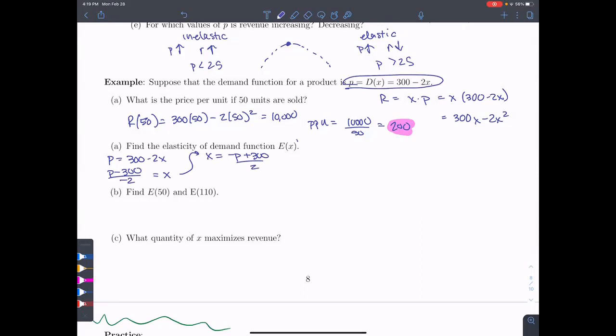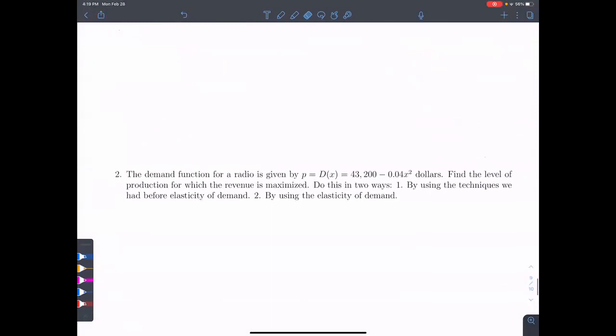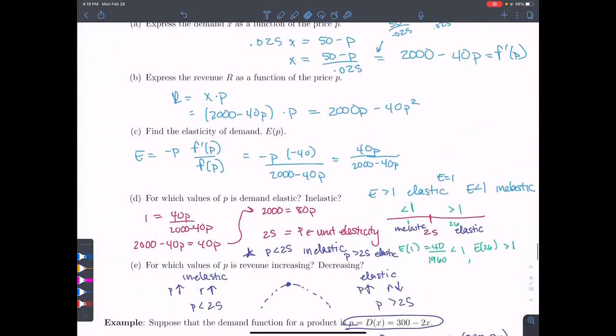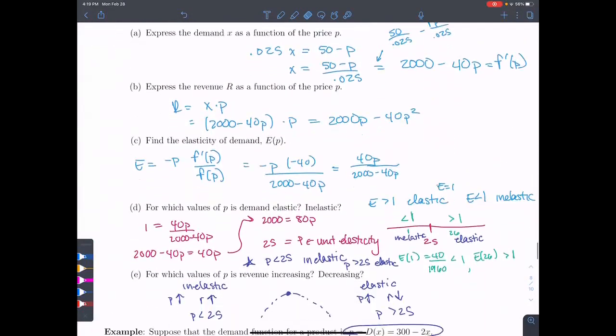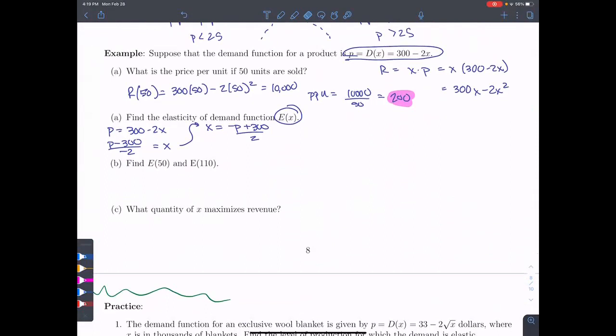So, oh, this asks for E of X. Is that a typo? Yeah, then it asks for what quantity of X maximizes revenue.